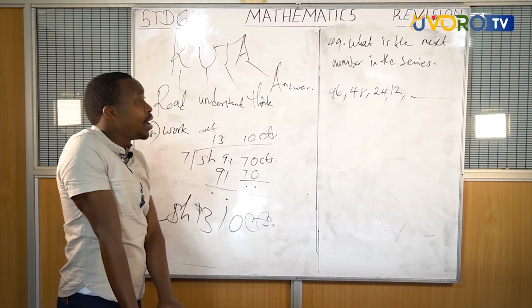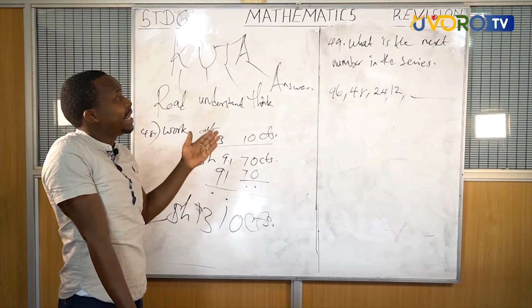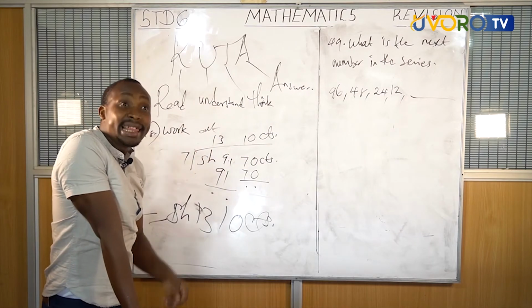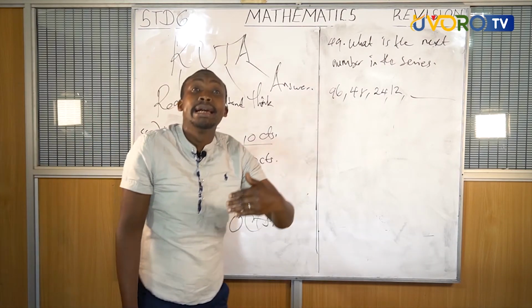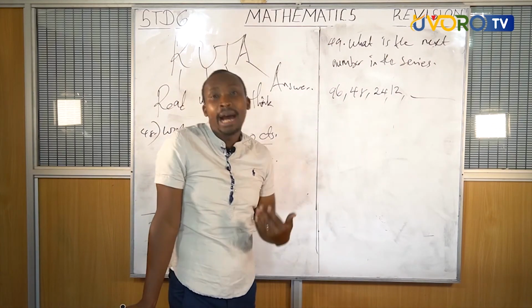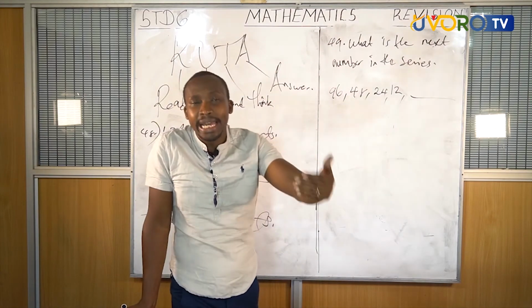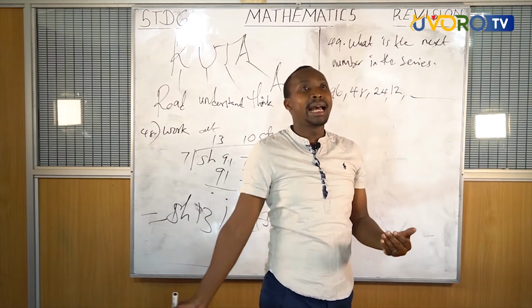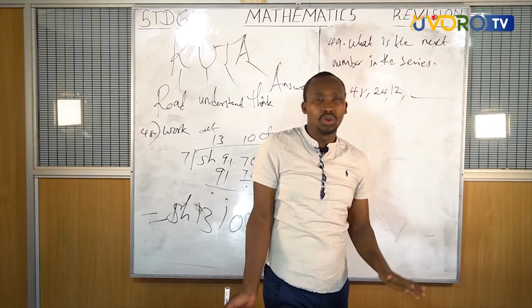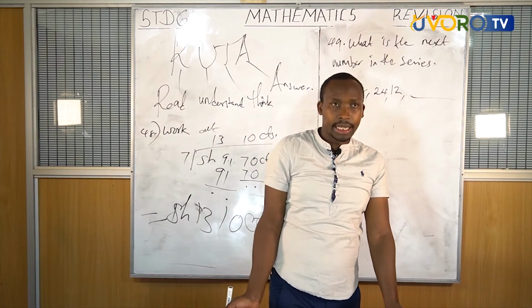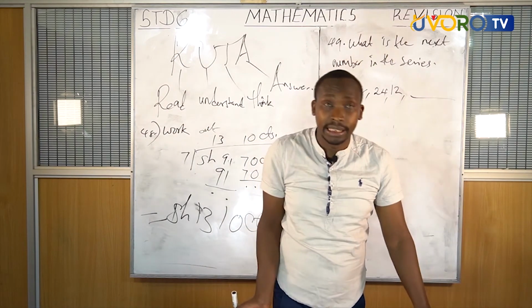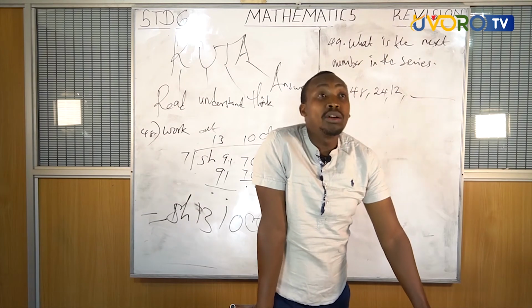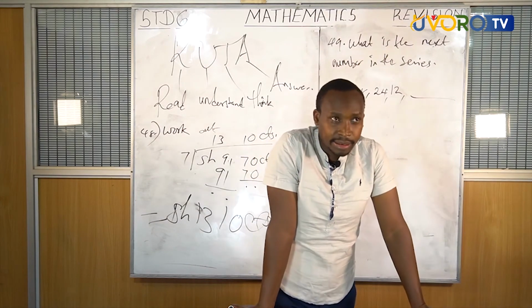You see, when you are told to find the next number in the series, the number can be multiplied. The number can either be divided, it can be subtracted, it can also be doubled, it can also be squared, it can also be square rooted.